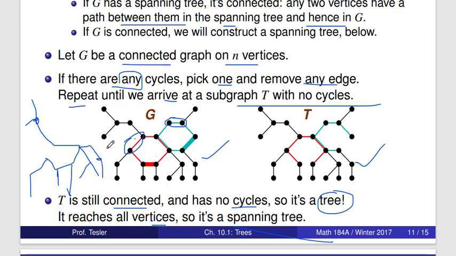In this graph, let's assume we have removed this, and then here this, that, and that. This is also a tree. So if you remove one edge from each cycle and the result is a tree, it's called a spanning tree.